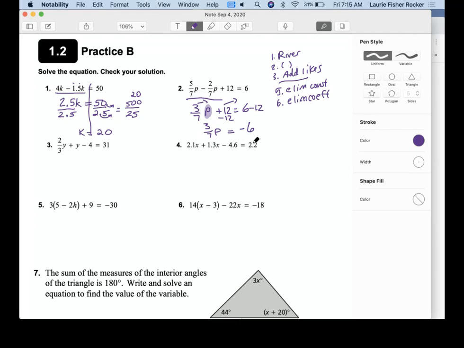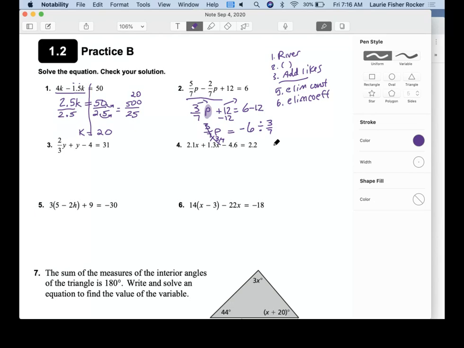So now I've got this number in front of p, and just like back over there, I divided by 2.5 on each side. I'm going to divide by 3/7, and that just makes it 1. So that's easy on that side. But now I need to come over here and divide by 3/7. Now, if you remember from last year when we did this, if I divide, it's the same thing as multiplying by a reciprocal.